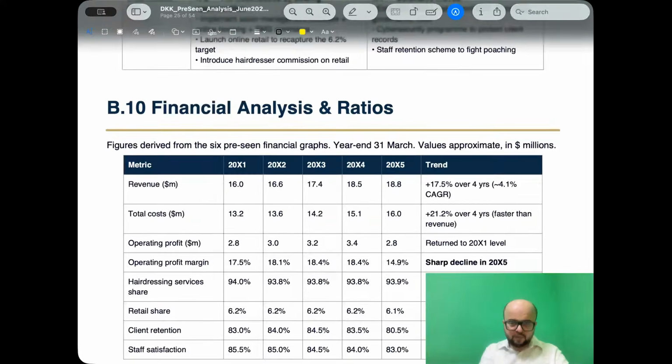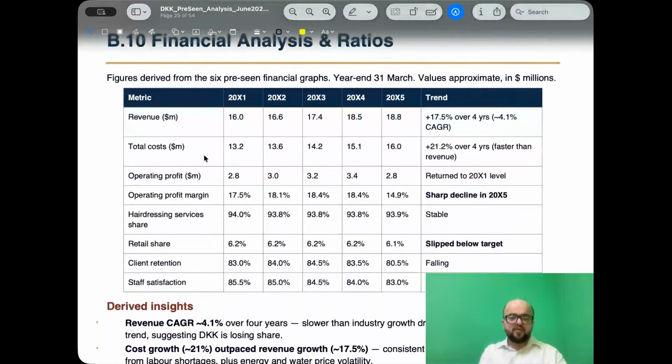Okay? Now, figures for financial analysis have been derived from the 6 pre-seen financial graphs. Revenue from 20x1 to 20x5 is given: 16, 16.6, 17.4, 18.5, 18.8. That is 17.5% over 4 years, 4.1% CAGR.